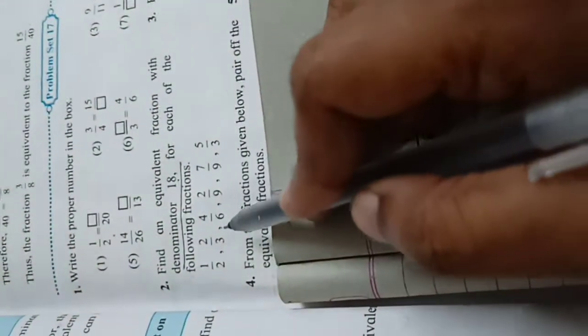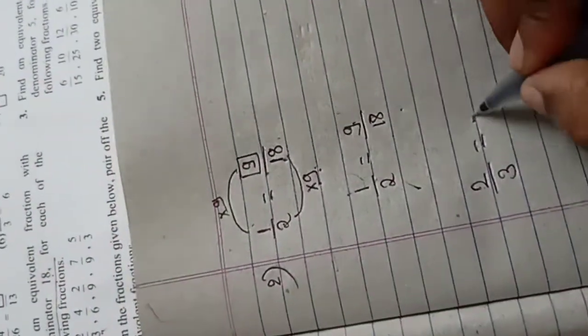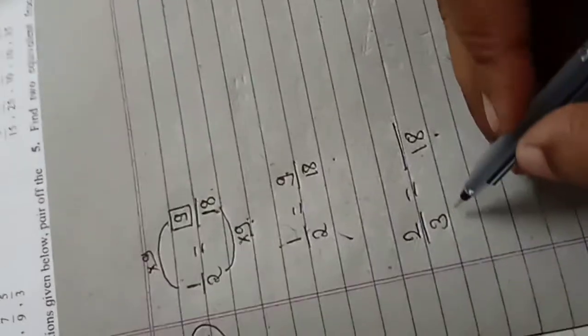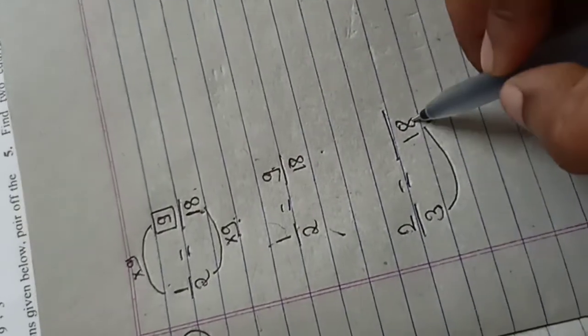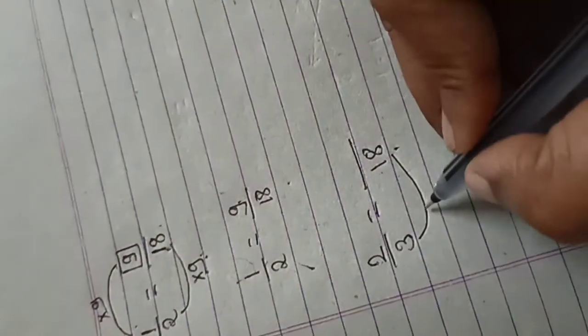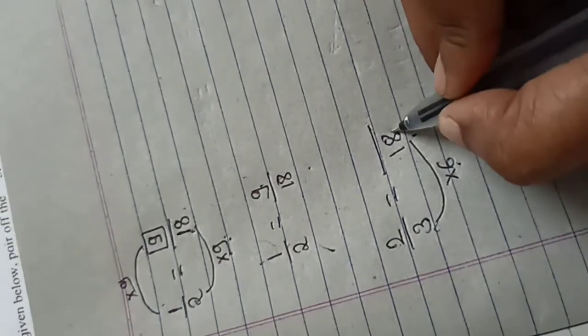Like that only you will take the second question, which is 2 upon 3. What they want is that the denominator should be 18. So now what do we have to do? Now we have to see in 3 table 18 is coming. Yes, 3 into 6 is 18.